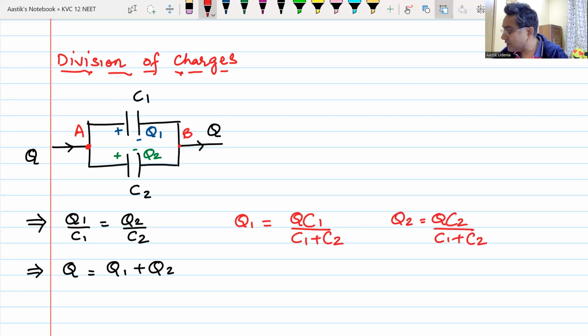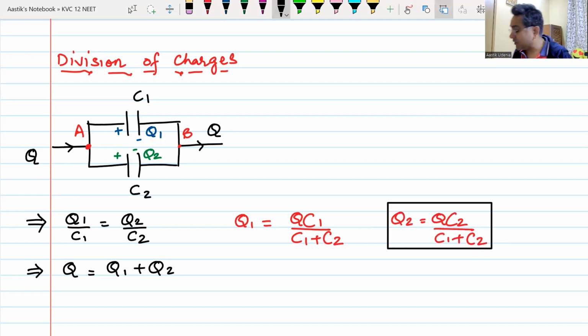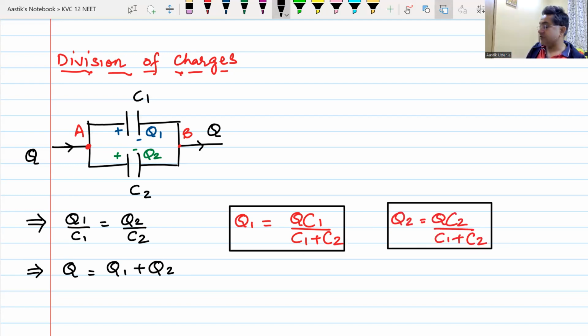So these are two very important results that you must remember. One is about the distribution of current. Current divides in inverse ratio of resistance, but charge divides in direct ratio of capacitance. I hope you understand this. Yes or no?